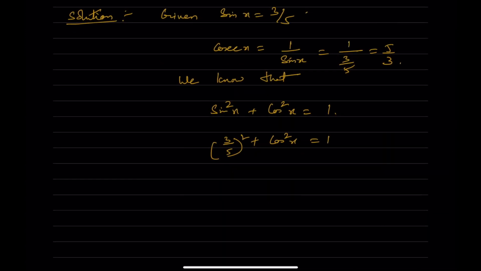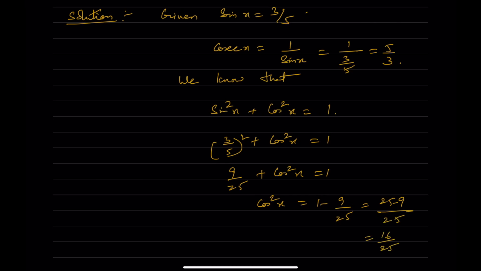You can write this as 9 by 25 plus cos square x is equal to 1, or cos square x is equal to 1 minus 9 by 25, which is equal to 25 minus 9 divided by 25, which is equal to 16 by 25.